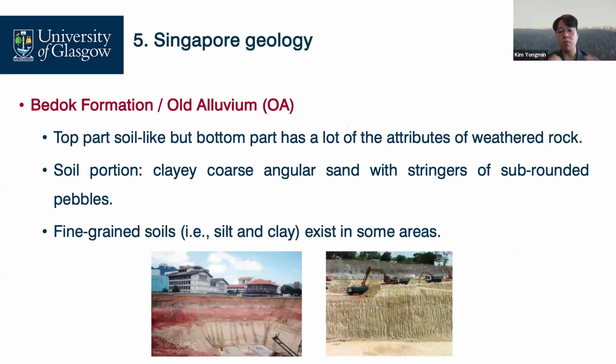For the Old Alluvium, the top part is soil, and the bottom part has a lot of the attributes of weathered rock. So clay, coarse angular sand, and fine-grained soils like silts and clay exist in the Old Alluvium areas, highly mixed with coarse and fine-grained soils.